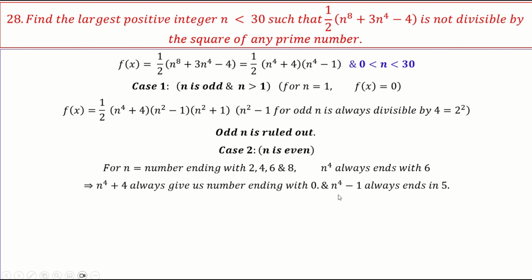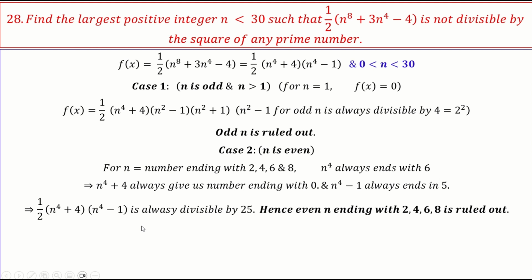And n square minus 1 into n square plus 1, which is n power 4 minus 1, what will happen to it? n power 4 ends with 6, so n power 4 minus 1 always ends in 5. So you have 10 into 5 ending, right? Which means 5 into 5, 25 also divides this. Not only 50, 25 also divides this number, correct? So for all the even numbers ending with 2, 4, 6, 8, this expression is divisible by 25.